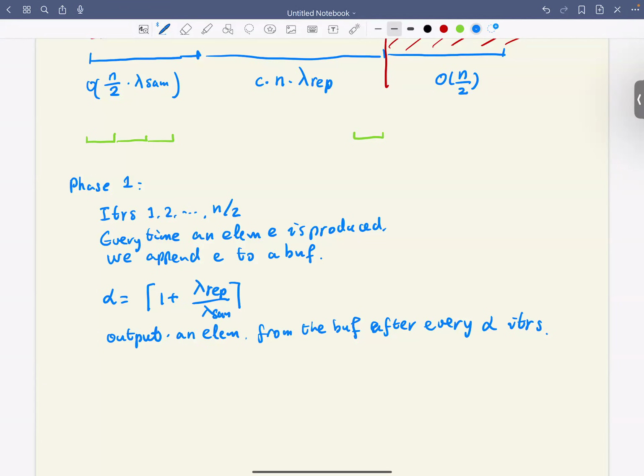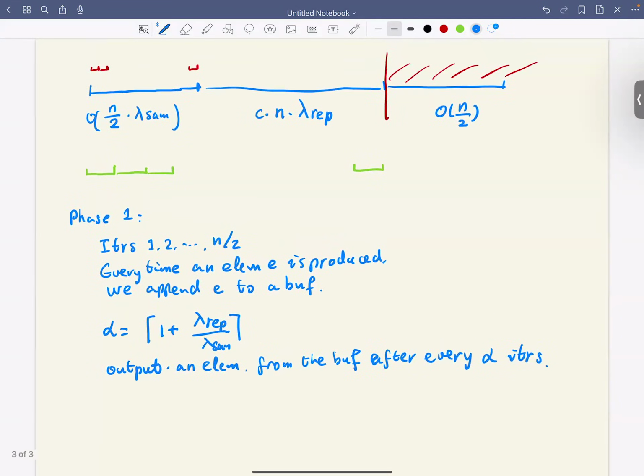So now I can even tell you what is the length of the green interval, right? So the expected length of this green interval will be alpha times the expected length of a red interval, because you have alpha iterations there. Okay, you see what I mean?